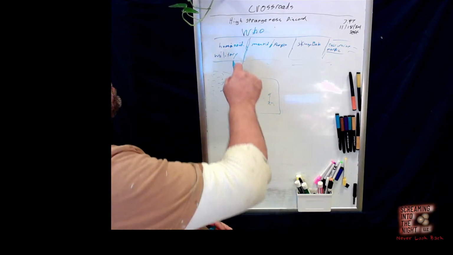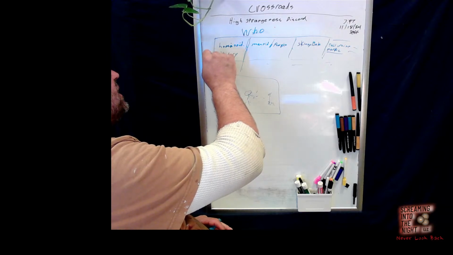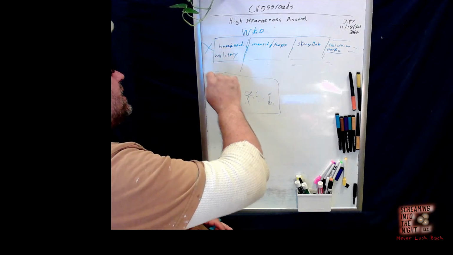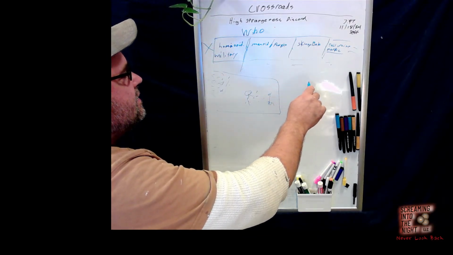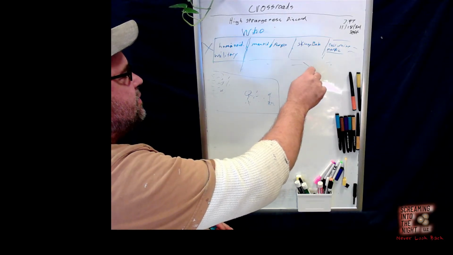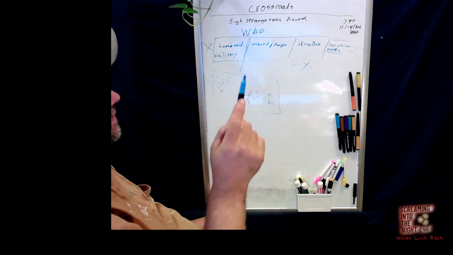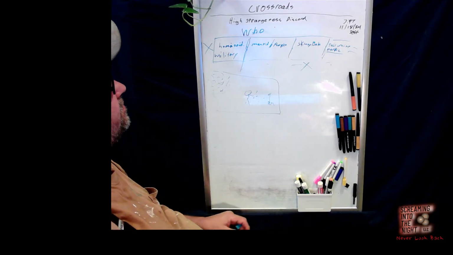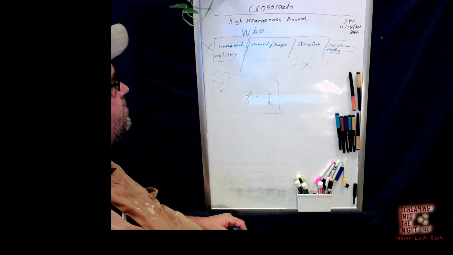But I'm pretty sure that our military is not working with these guys. And I can't imagine Skinny Bob working with the military, so we're going to put a big X underneath that. That leaves that one and that one. I don't know.